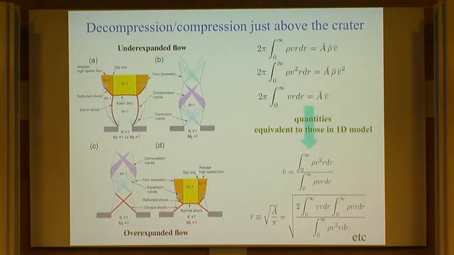When the pressure at the crater top is different from atmospheric pressure, the flow inside the atmosphere is very complex like this, characterized by shock waves, compression waves, expansion waves and so on.